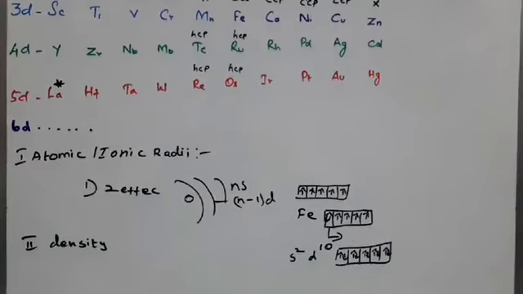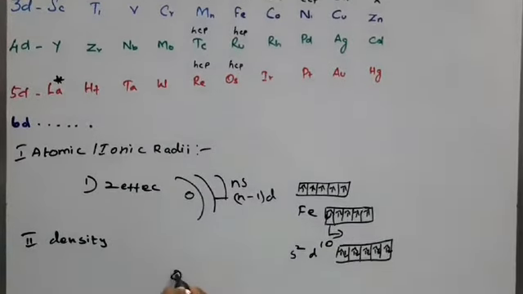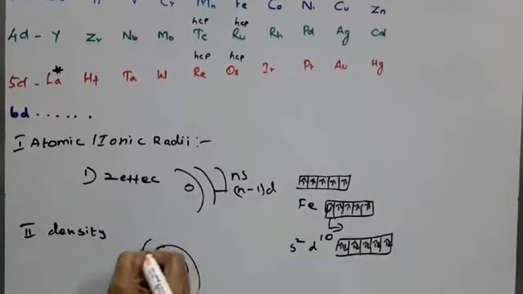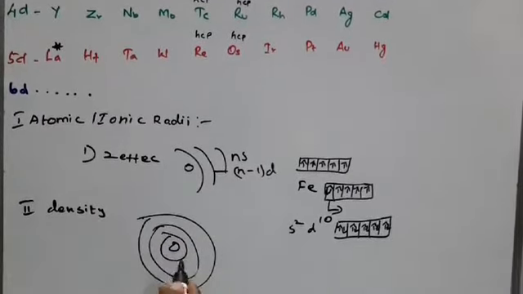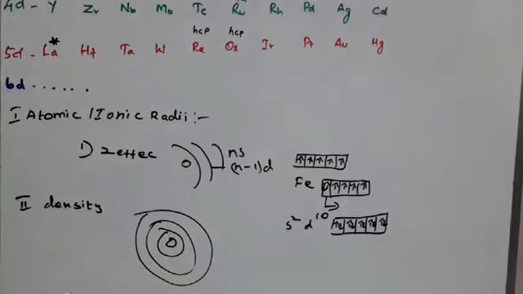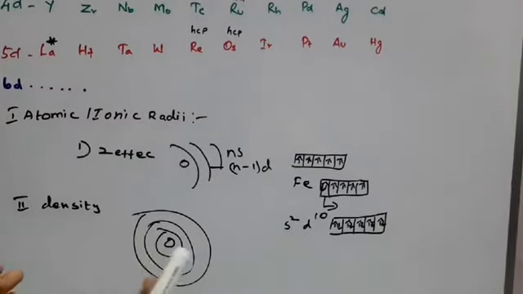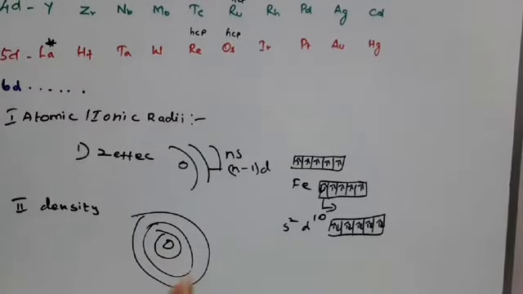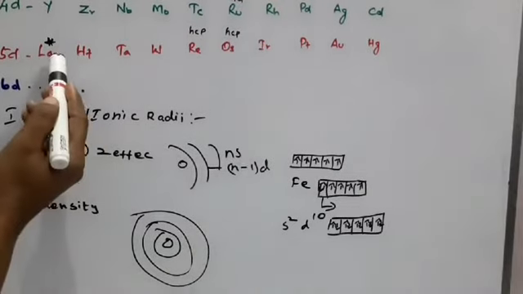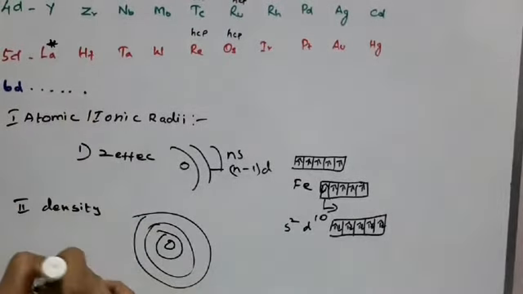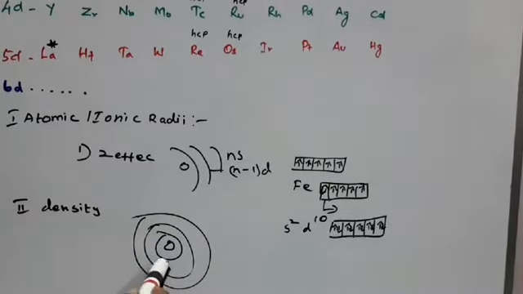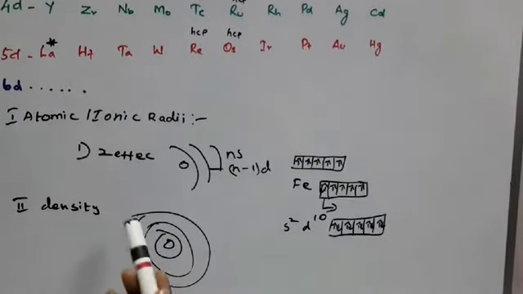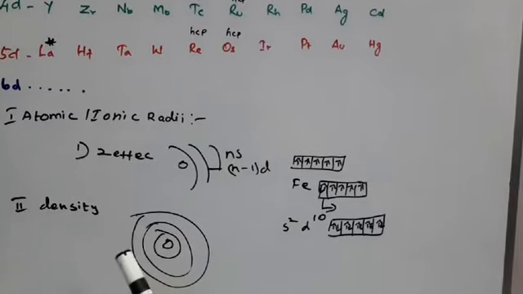Here this is the nucleus, and according to the Aufbau principle, 1s, 2s, 3s, before the 5d orbitals the 4f electrons start. The inner transition elements, 14 elements of 4f, are present, so that it is an intervening before the filling of 5d orbitals.